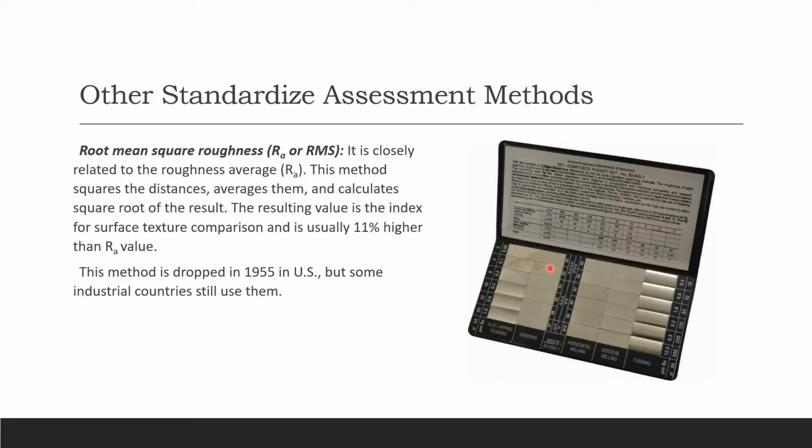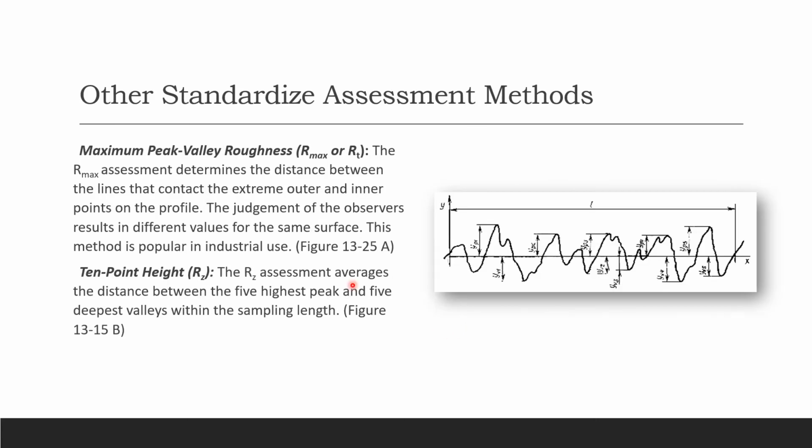Anyway, this is what we call a specimen. It's just an instrument that you can use. Maximum peak-to-valley roughness is another one, Rmax or Rt. The Rmax assessment is just another method to determine the distance, again, between the lines. Surface is all about the lines and the deviation from the lines.